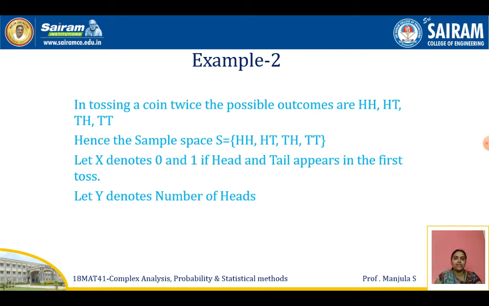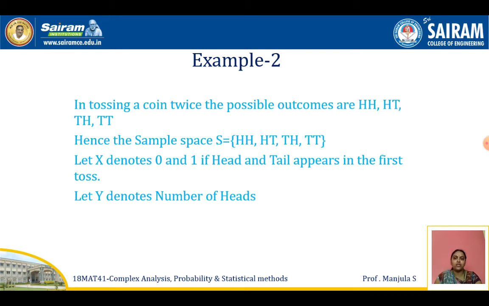Here, let X denote 0 and 1 if head and tail appear in the first toss. So here X takes the values 0 and 1. 0 represents head appears in the first toss and 1 represents tail appears in the first toss.